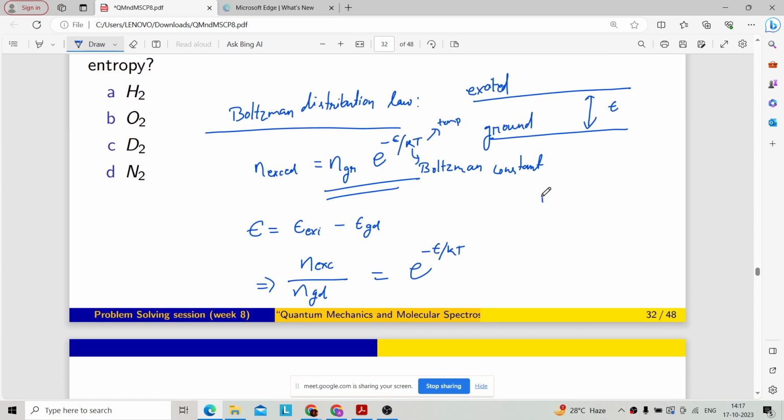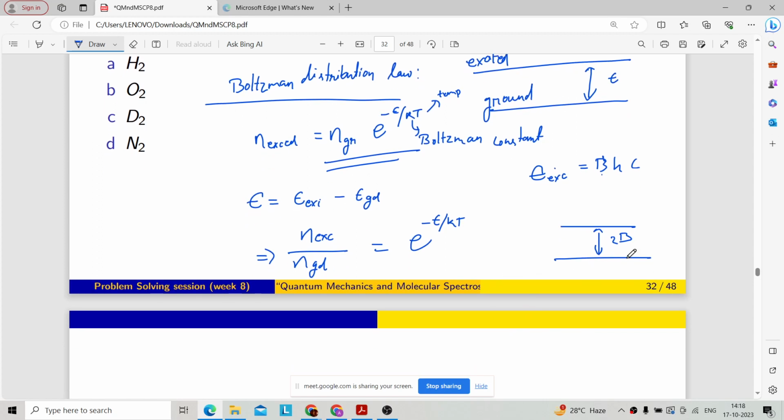We can write epsilon of the excited state as B times hc. So if B is large, that means what? The separation is very large, right? Like we know the separation between two states is 2B for the rotational spectrum.